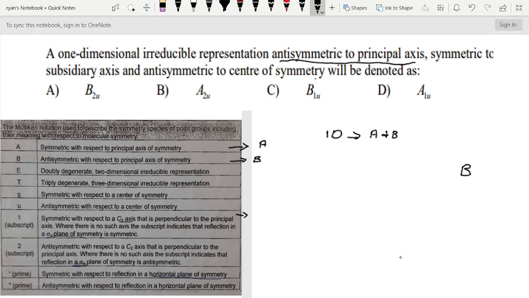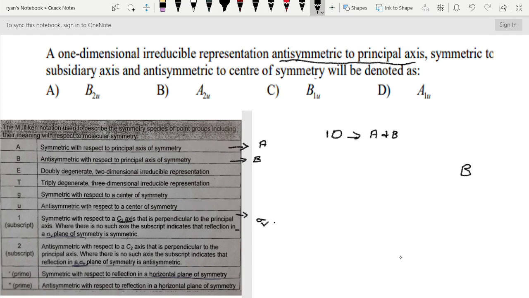Here symmetric with respect to the C2 axis that is perpendicular to the principal axis. Where there is no such axis, the subscript indicates reflection in a sigma v plane of symmetry. Therefore here the meaning is, in the absence of a perpendicular C2 axis we have to consider the sigma v.